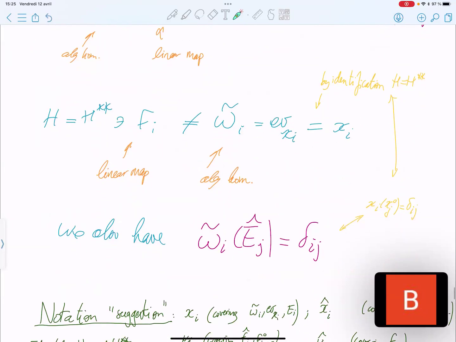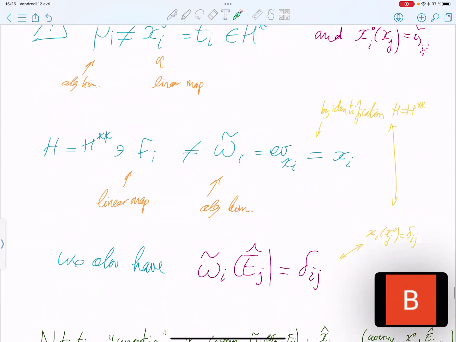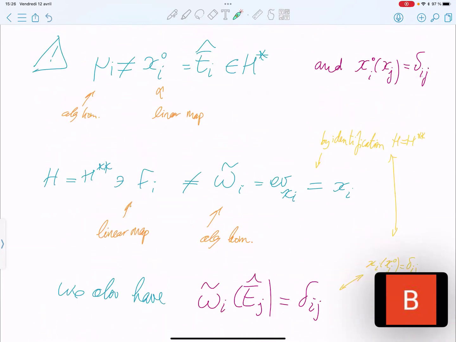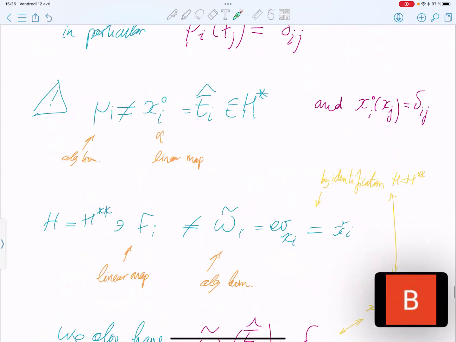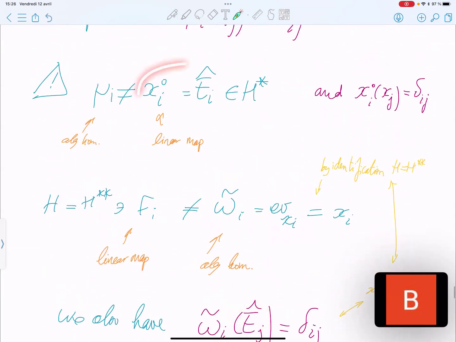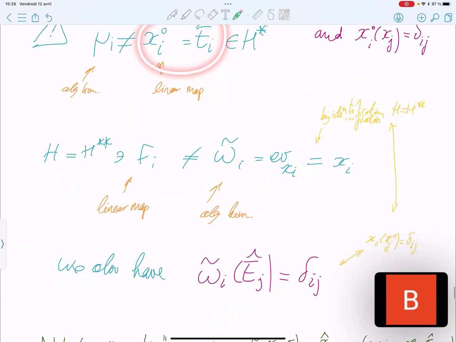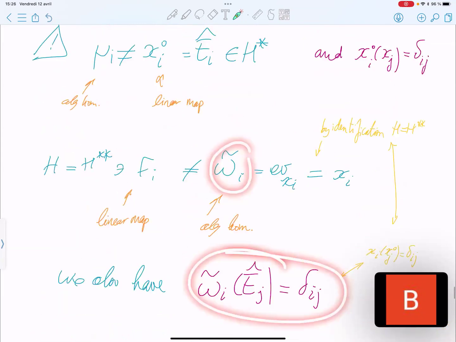Okay. And the primitive central idempotent in X star is denoted like that. So it corresponds to that. And we have, corresponding to this algebra morphism, this relation exactly as we have this relation.